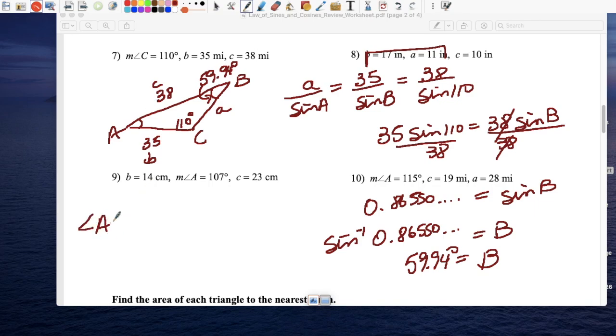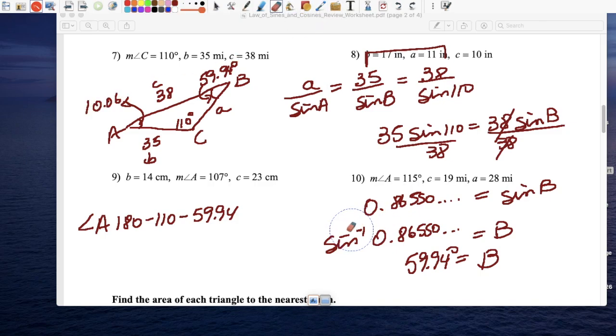Right? Angle A is 180 minus 110 minus 59.94. That's going to give us that angle A. Put a little arrow over here. It's 10.06.